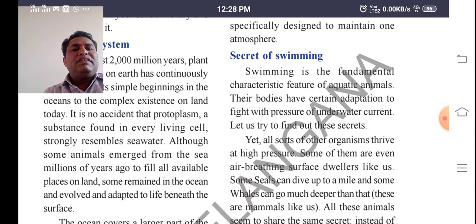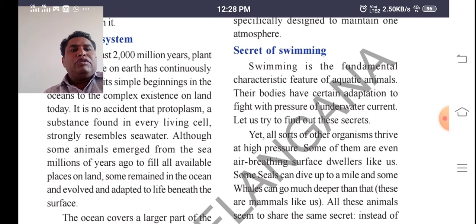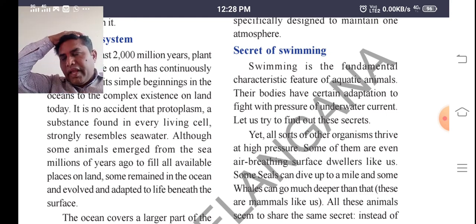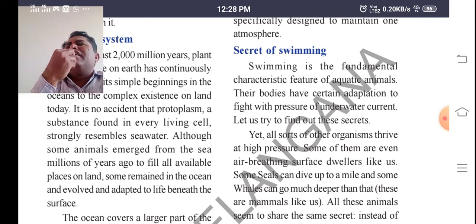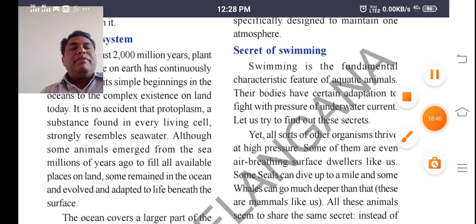Now let us take the secret of swimming. Swimming is the fundamental characteristic feature of aquatic animals. We know that maximum aquatic animals, whales, dolphins, squids, starfishes, and especially the variety of fishes, have adopted and developed this special fundamental characteristic feature, which is nothing but swimming.